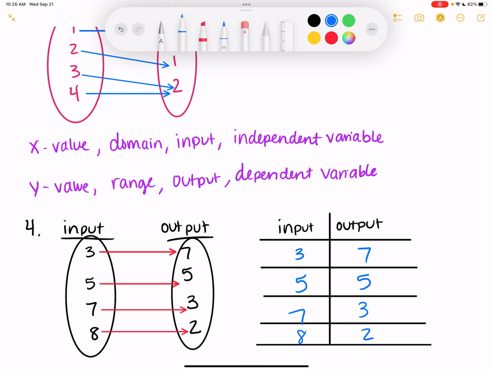So this just says that whatever's next to each other is what matches up together rather than it having the arrows drawn. So I just want to show you that one so that you see, because some of the examples are like this and some of them are like this. Okay.